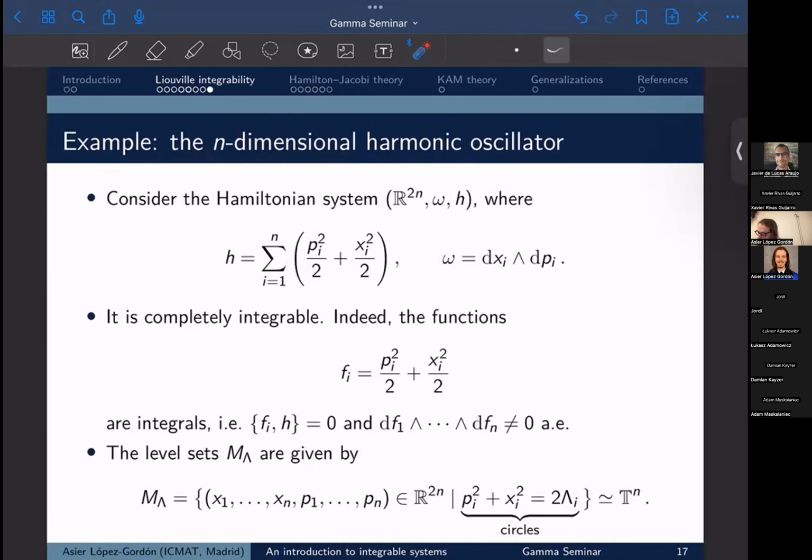And in this case, the diffeomorphism with the torus is pretty clear, because if we write the level set of these integrals, they are essentially circles, and we recall that the torus is simply S^1 times S^1, n times.